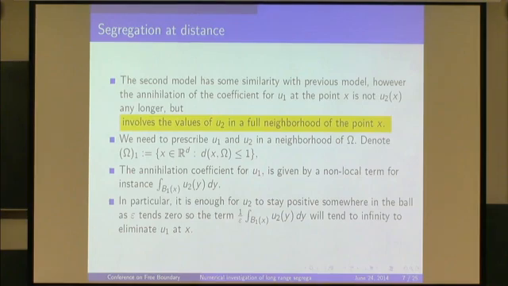So roughly speaking, if u2 wants to stay positive at a point in this ball, when epsilon goes to 0 this term will go to infinity. So this shows that in the whole ball the value of u2 should be 0, to annihilate and eliminate u1 at the point x.